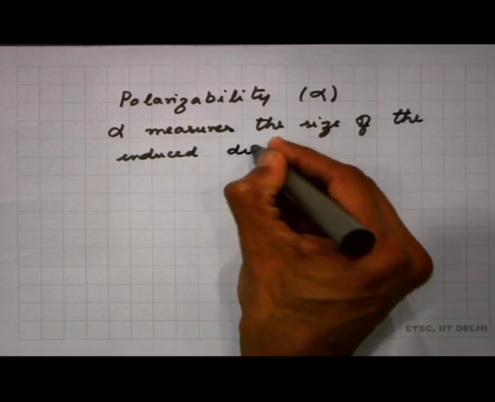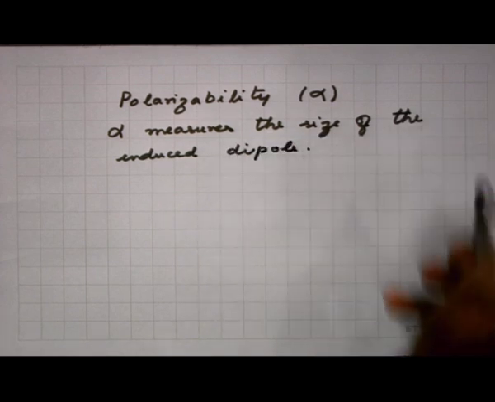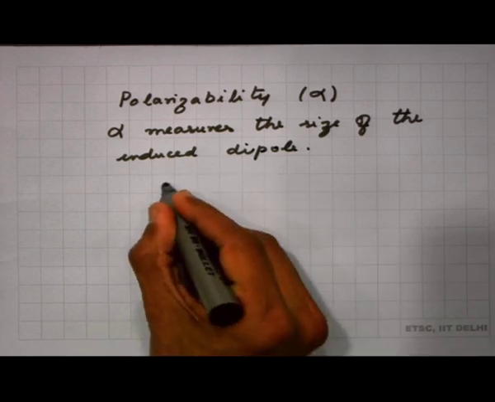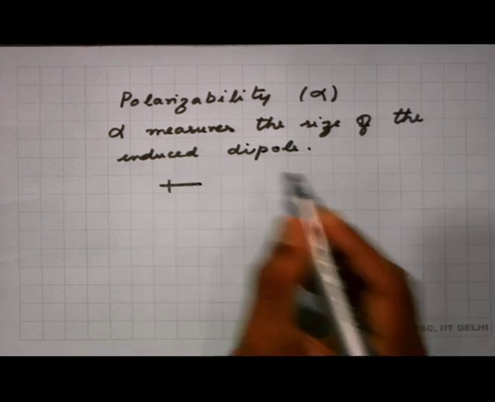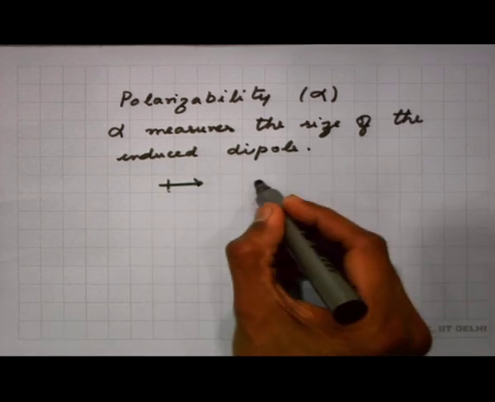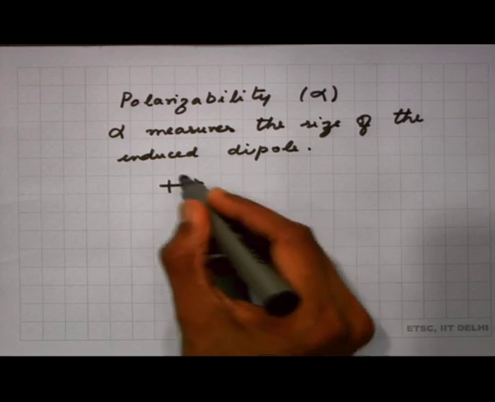And you can understand this in a simple fashion. Imagine that you have a dipole. This will generate an electric field at various points in space.